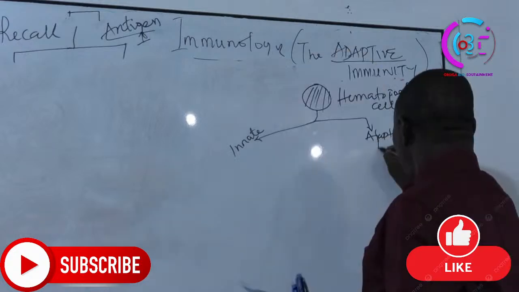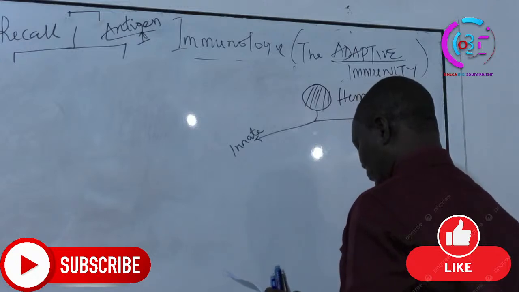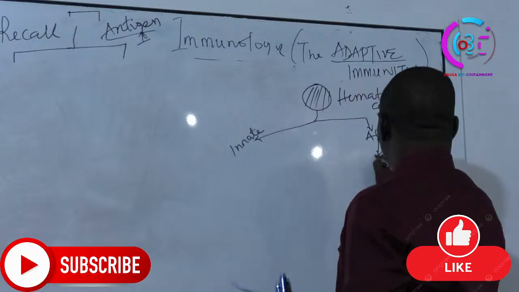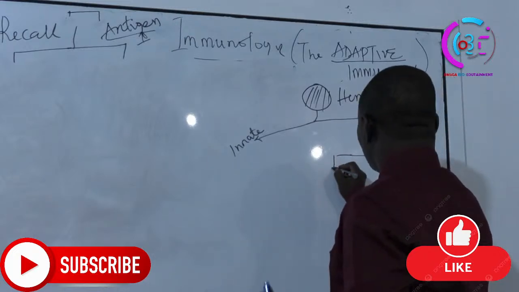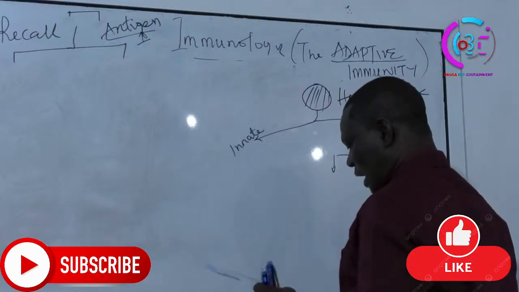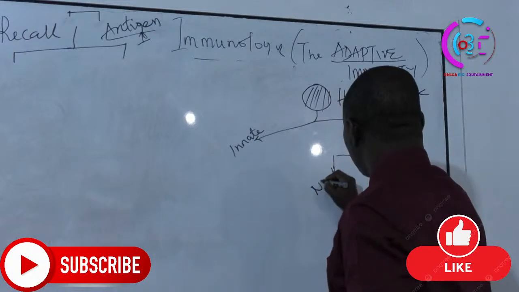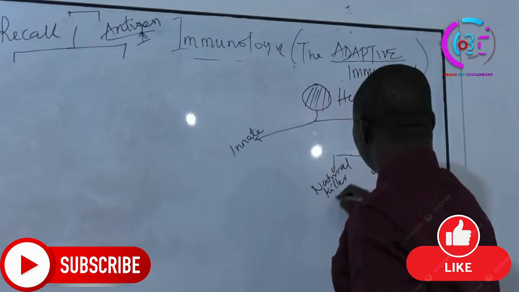Now, under the adaptive, we now have three arms. The first arm is what is known as the natural killer cell, NKC, natural killer cells.